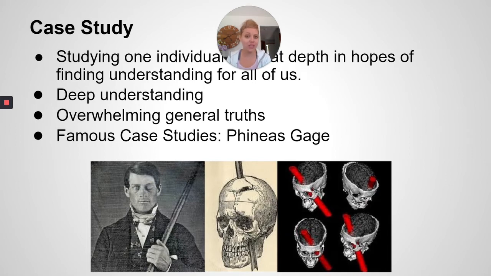If I have only studied a single person, I'm not going to know if they're the exception or the rule. That's going to be a big problem with case studies: I'm trying to stretch these truths over all of these people when really this is just what I saw in this one person or in this small group of people. I could make an assumption, but we know what assuming does, right? So that's going to be kind of a problem.